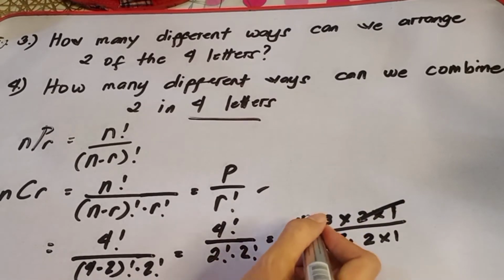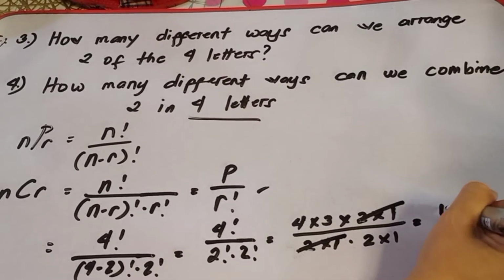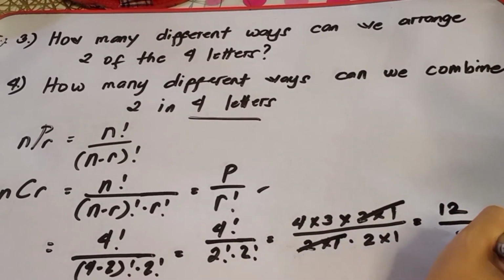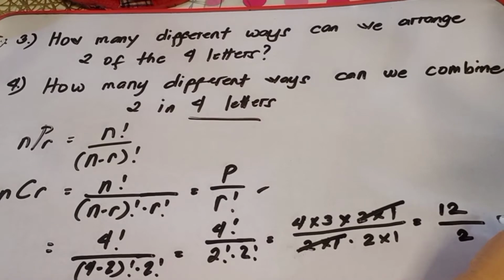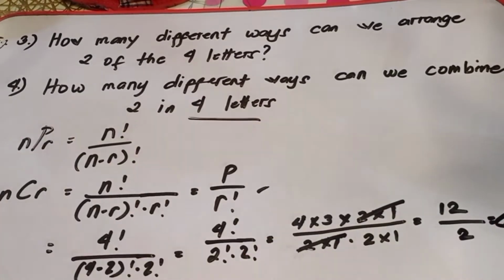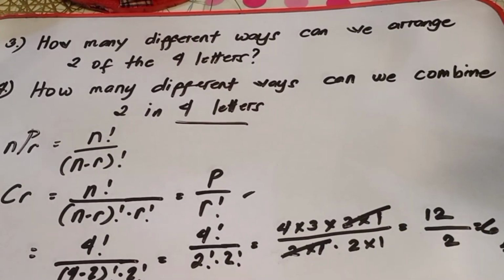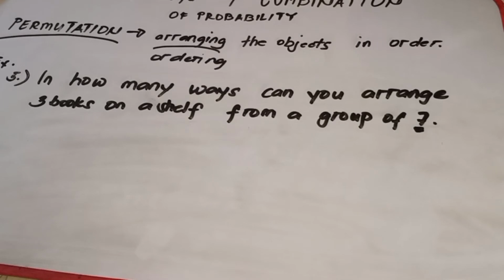So we have here 4 times 3, that is 12, over 2 times 1 is 2, so that is equal to 6. So if you will notice, yung answer natin sa permutation is larger than the answer natin sa combination. Why? Kasi again, sa combination, yung order doesn't matter. So kapag nakuha na natin, for example, si AB, hindi na natin pwedeng kunin si BA because they are counted as 1.